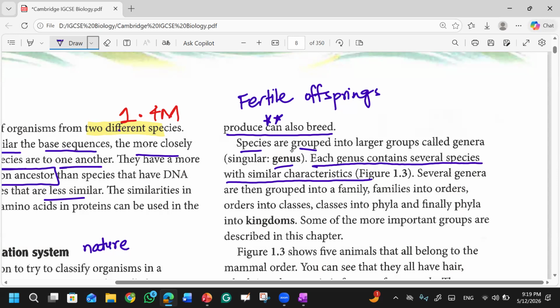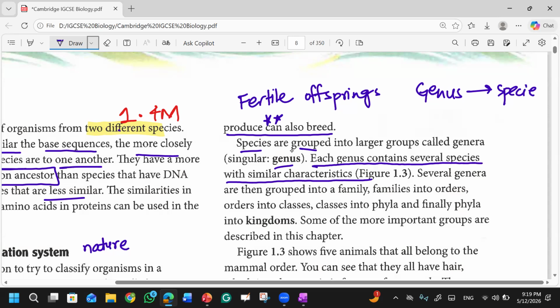Similarly this is the case. Genus is the bigger group, and in genus you have many different species that closely resemble each other. That's why those species are collectively placed in that genus. We can say the species of similar characteristics are put in one genus. Are you clear with this?